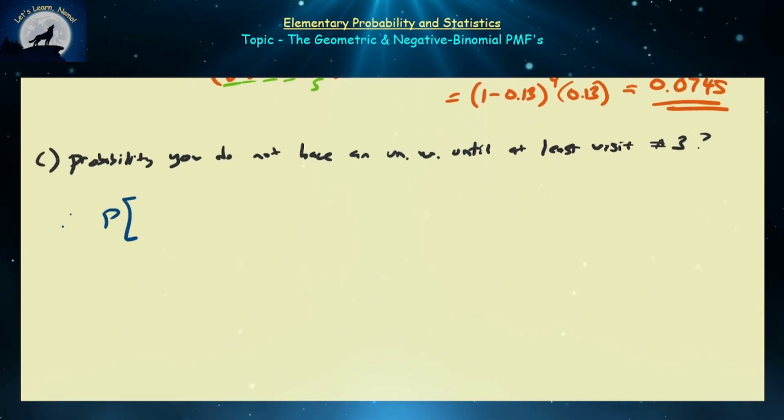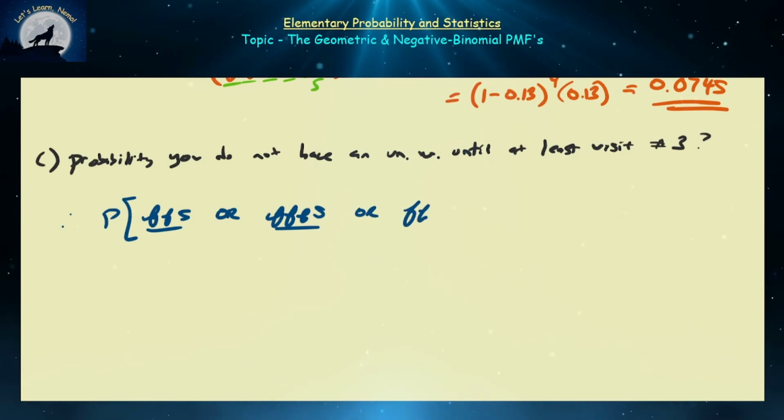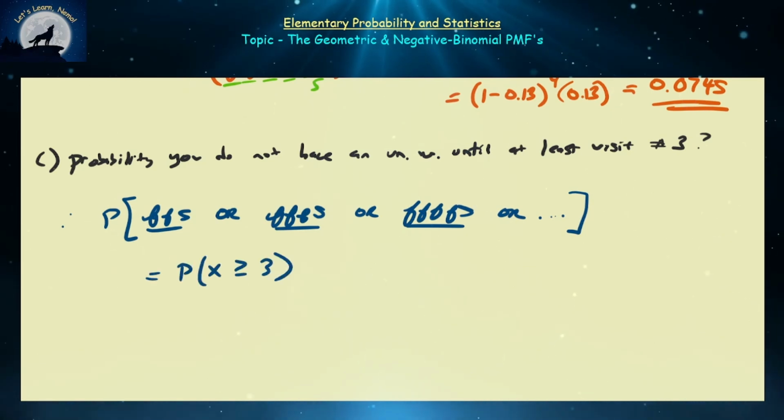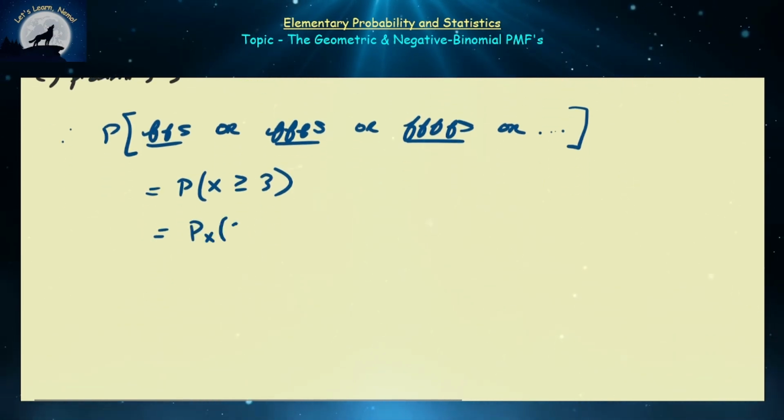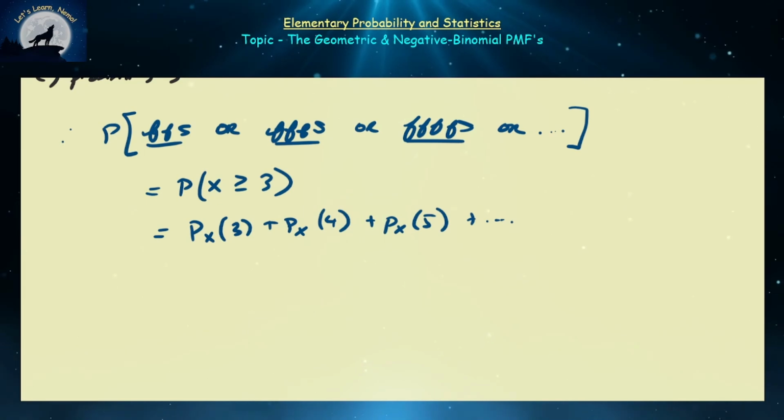That means we want the probability of FFS, that's trial 3, or FFFS, that's trial 4, or FFFFS, that's trial 5, and so on. Technically speaking, that's the probability that x is greater than or equal to 3. In probability mass function form, that's P(X = 3) + P(X = 4) + P(X = 5) and so on. But keep in mind, geometric random variables are not bounded above, but they are bounded below. So we can actually look at the complement, because the only things we're missing in the sequence are x = 1 and x = 2.